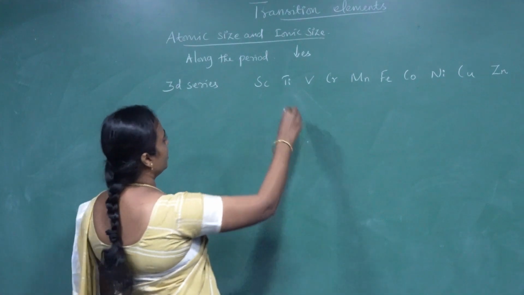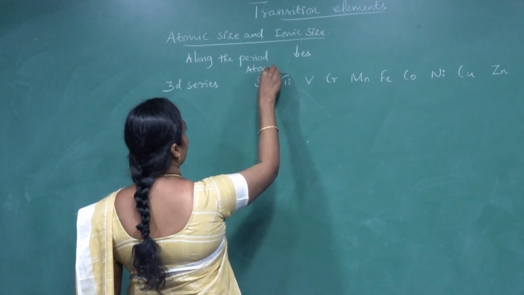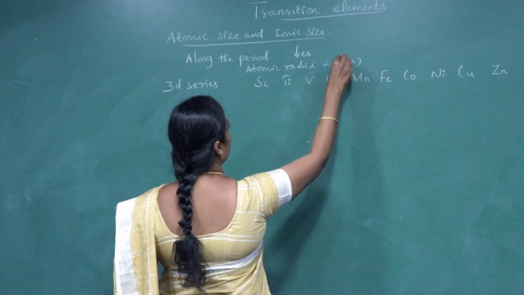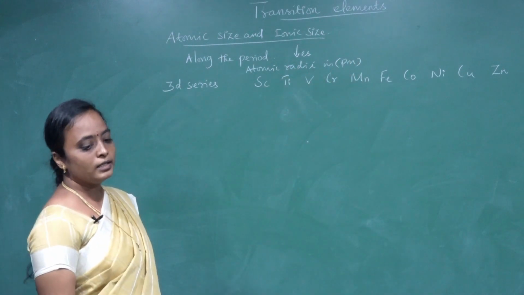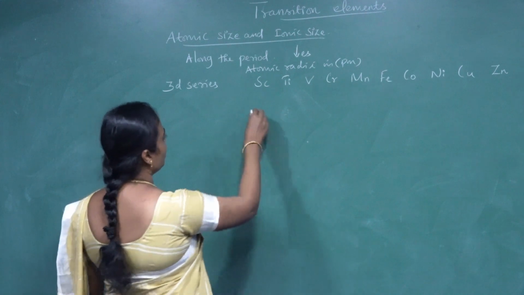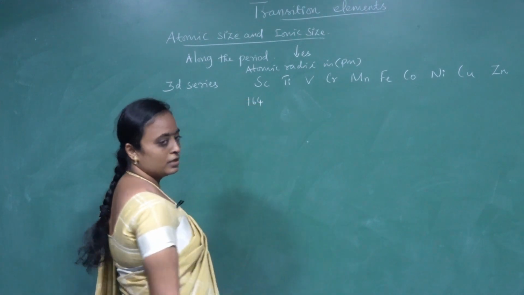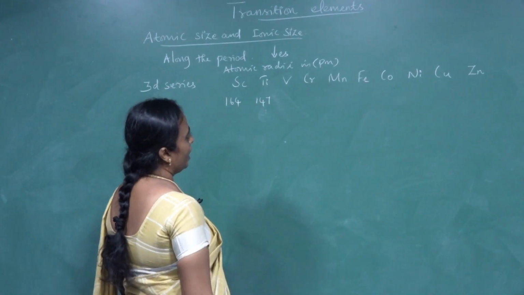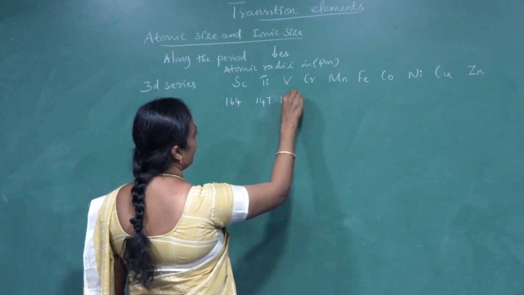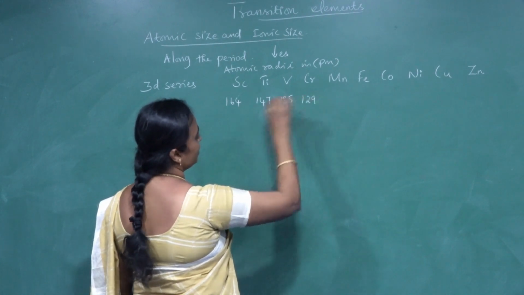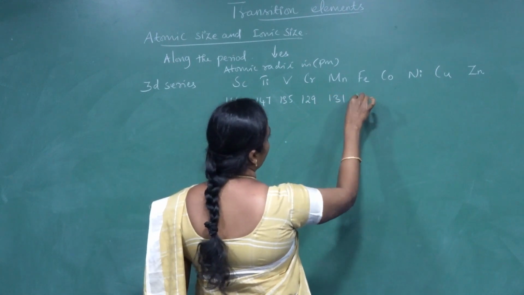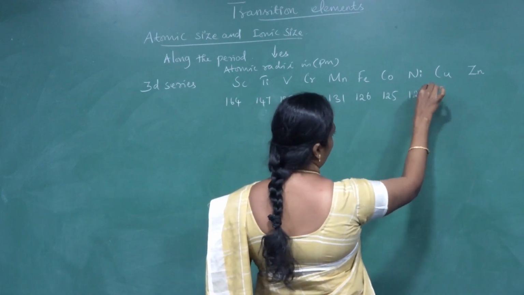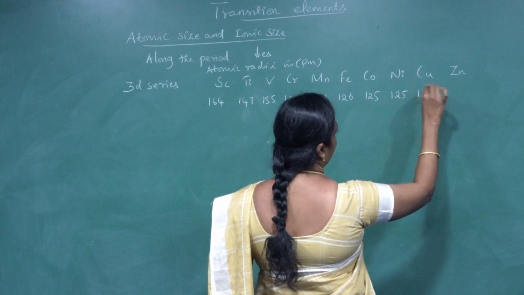Scandium is 164 picometer, titanium 147, vanadium 135, chromium 129, manganese 131, iron 126, cobalt 125, nickel 125 and copper 128.